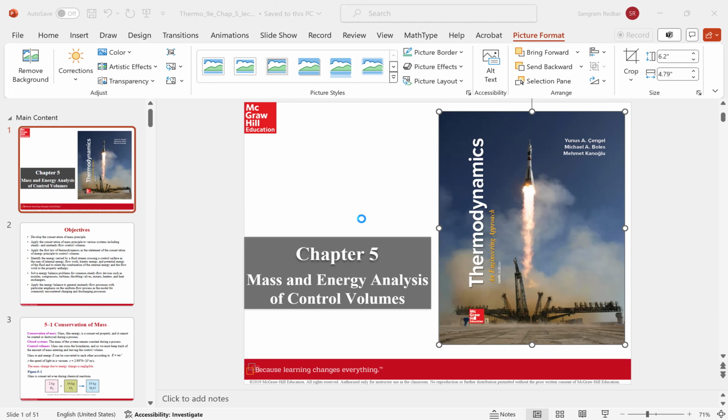Please understand, whenever you are looking at the control surface and the mass interaction, to find the mass crossing the control surface, you need to find the velocity perpendicular to the control surface. To find that, you need to take the dot product, or find the projection of the velocity with respect to the unit normal, and then multiply that by the density and the area.